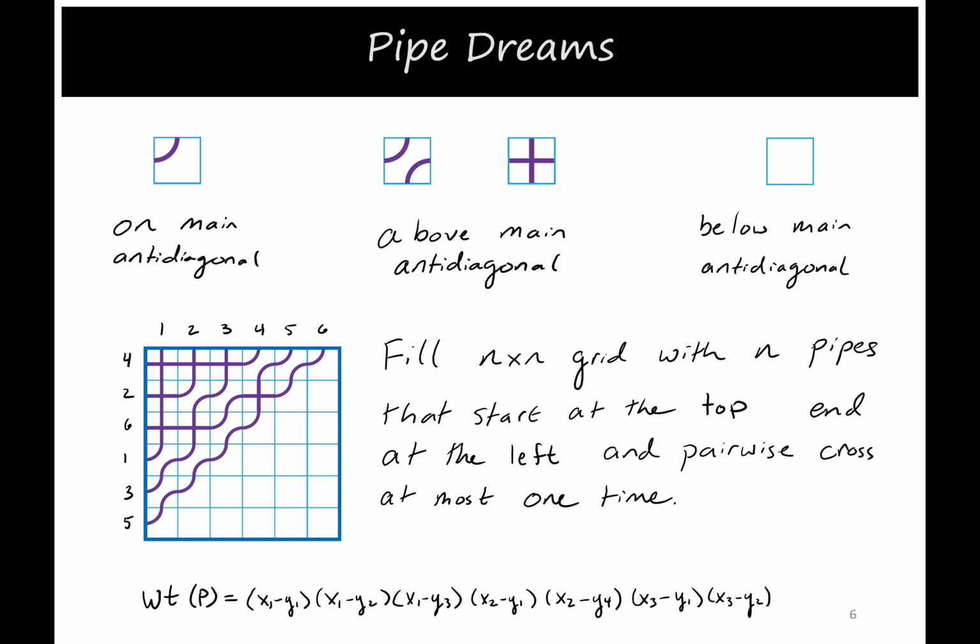What the binomials are tracking is the rows and columns that the crossings appear in. For instance, I have this crossing in row 1 and column 2, so I'm going to associate to that crossing the binomial x1 minus y2. Pipe dreams happen to be uniquely determined by where these crossings happen.